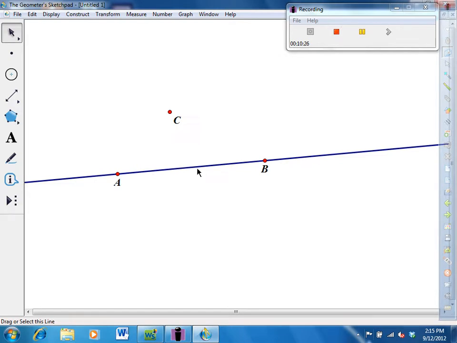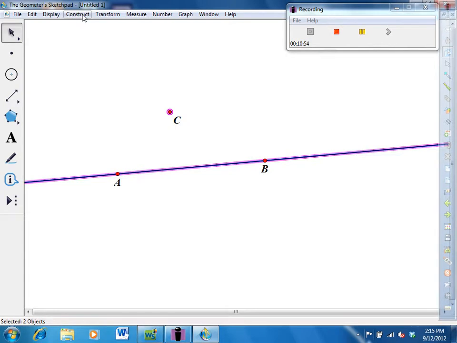To construct a parallel line, you click on this point, then you click on the line. A lot of times you won't get what you want because you have more stuff selected than you need to, so you click in the open space to deselect stuff. Then I'm going to go up to Construct.